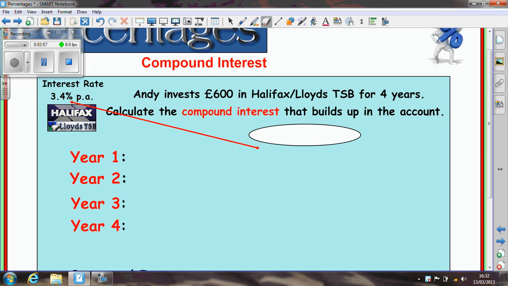Again, looking at another example, we've got 3.4% per annum for 4 years again. So change it into a decimal, but one where you're adding it on to 100%. So we've really got 103.4% at the end of year 1, which is 1.034.